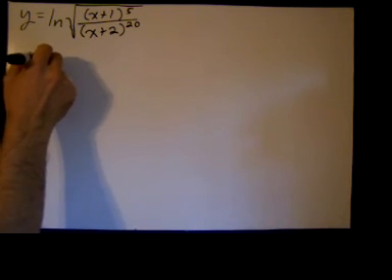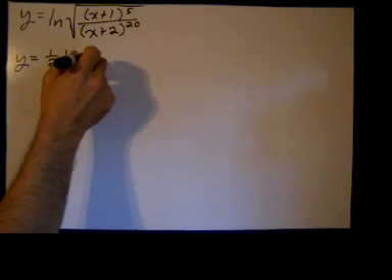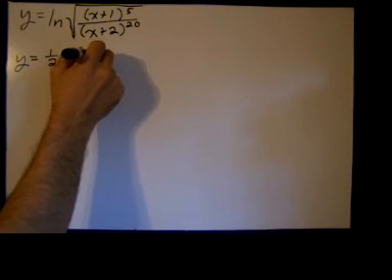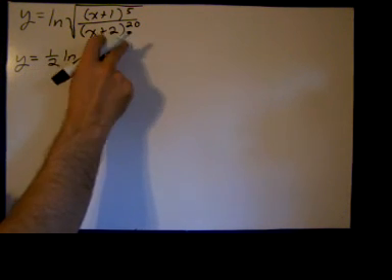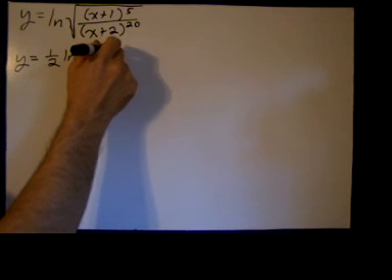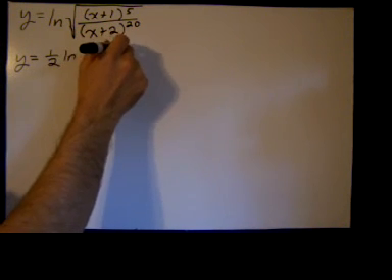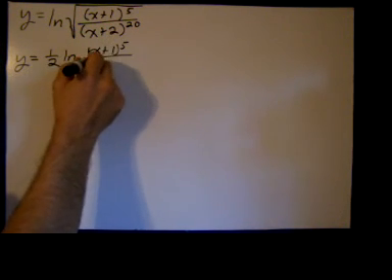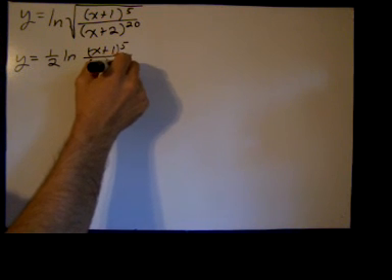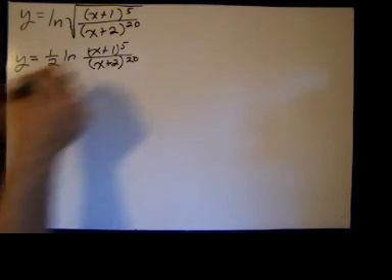So that'll be 1/2 times the ln of x plus 1, quantity x plus 1 to the 5th over quantity x plus 2 to the 20th.